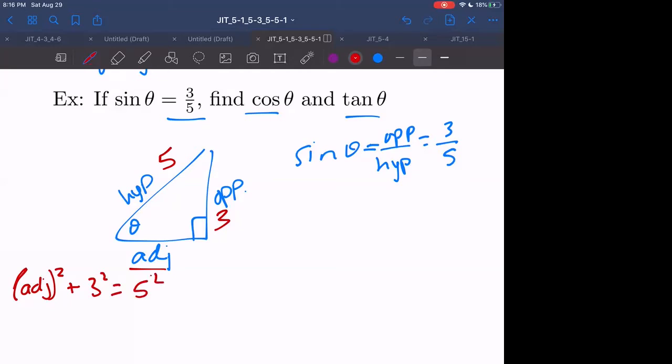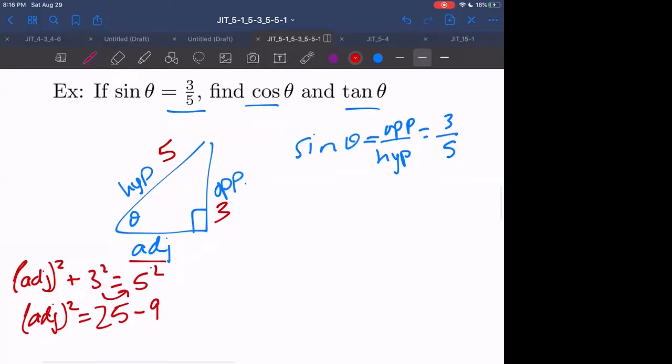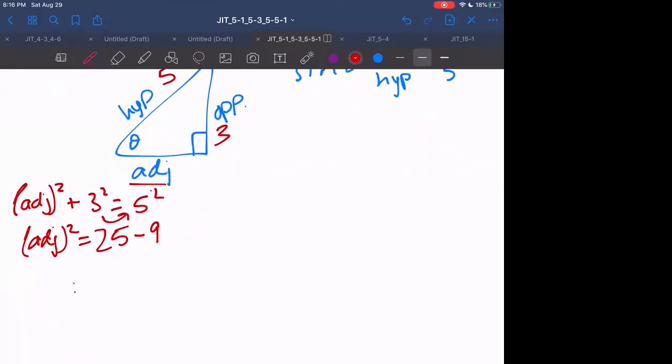Okay, so we've got the adjacent squared is going to be equal to 25, that's 5 squared, minus 9, which is 3 squared, and I've moved it over. Okay, so this is equal to 16. So our adjacent is equal to the square root of 16, which in this case is going to be 4.